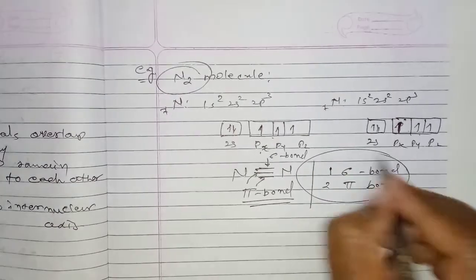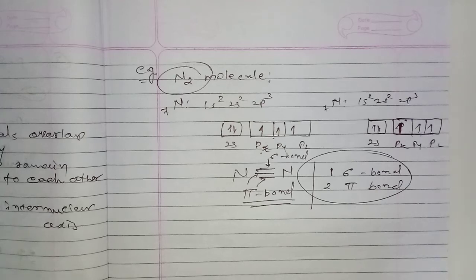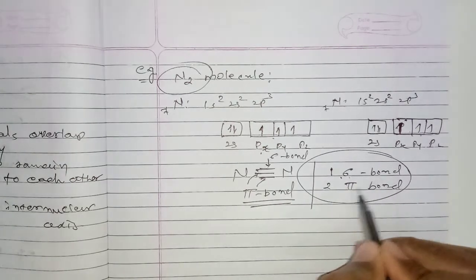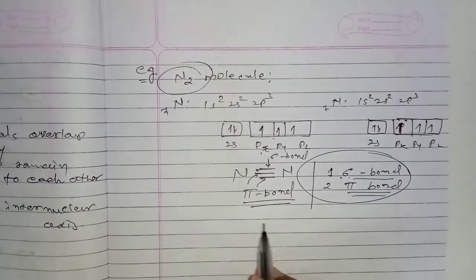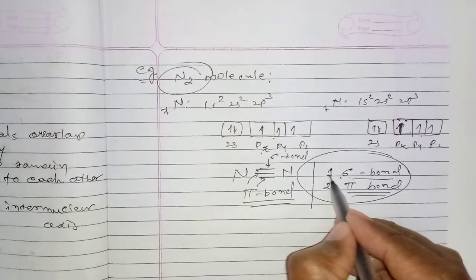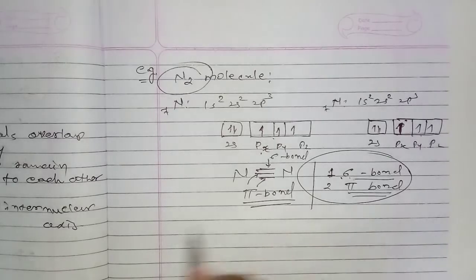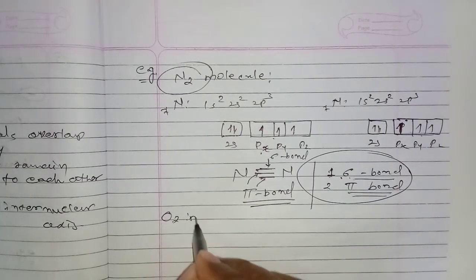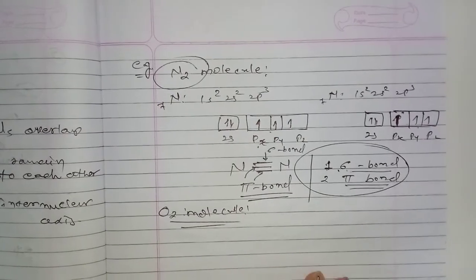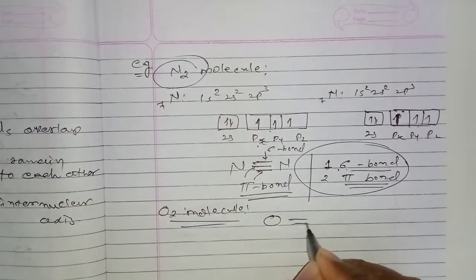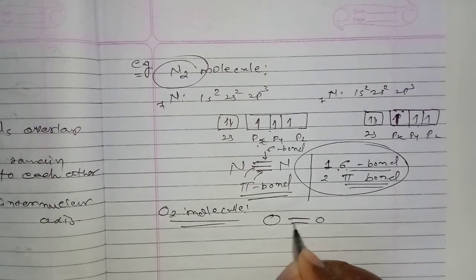Sometimes you will be asked in the examination how many sigma bonds and pi bonds are present in a particular molecule. In the oxygen molecule, there is a double bond between the 2 oxygen atoms.